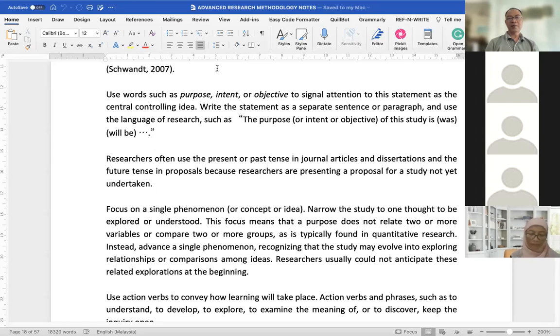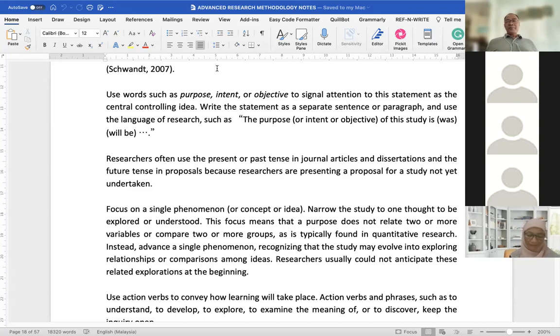There is nothing wrong. If, for example, you write the research purpose first and then followed by research questions, and the examiner says, okay, you need to write research questions first, then it's just a cut and paste. So it shouldn't be a problem.